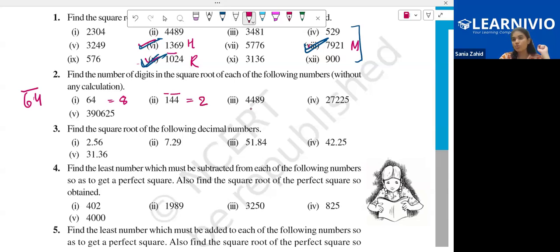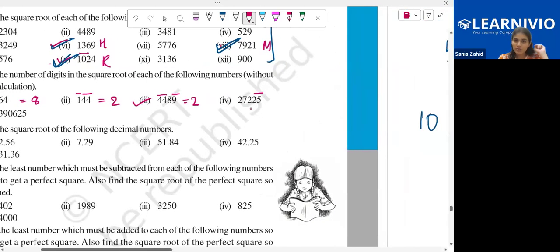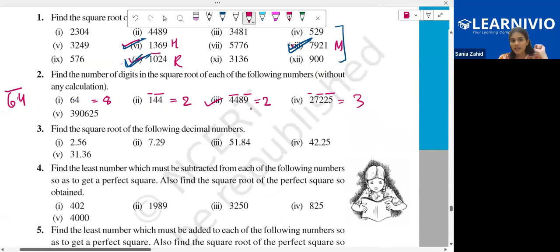So I will have 2 digits. Here I have 1 and 2. So here also I'll have 2 digits. Here I have 1, 3. Here I have 3 digits. Here I have 1. So I will have 3 digits. This is how we do this type of question.